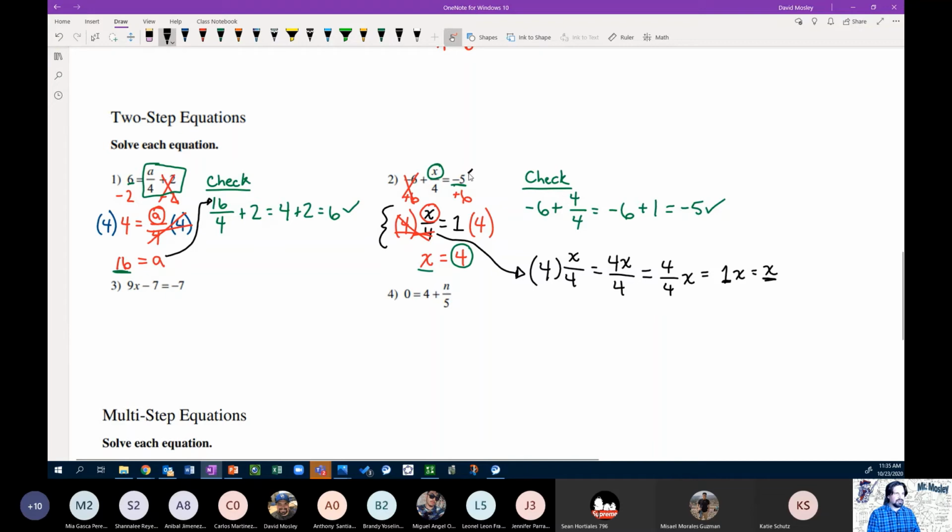Negative 5 is the solution that I needed to start. Does that help? That was a lot.